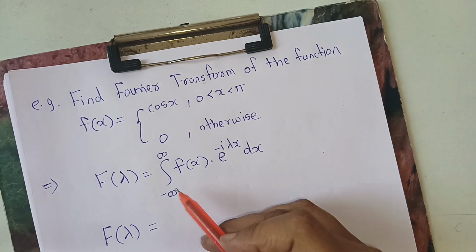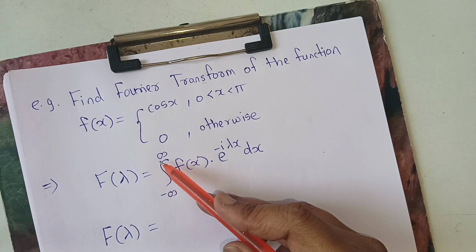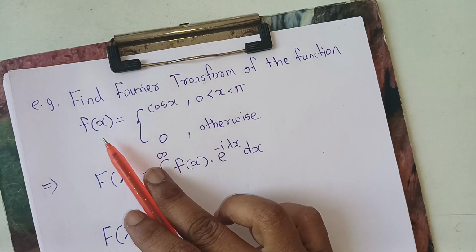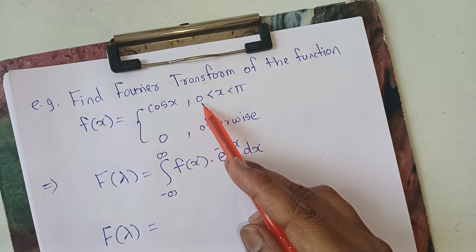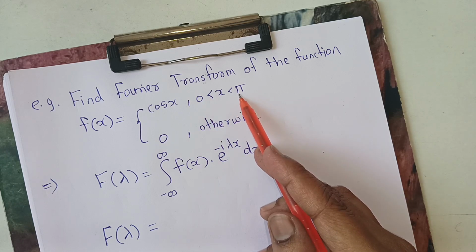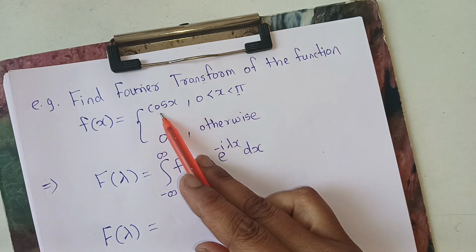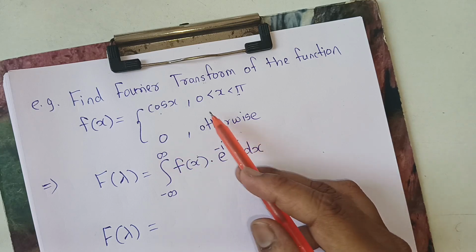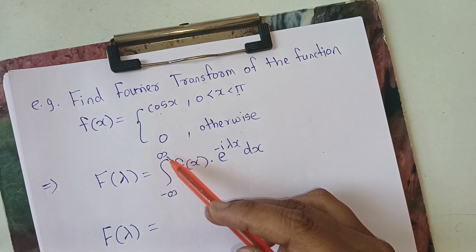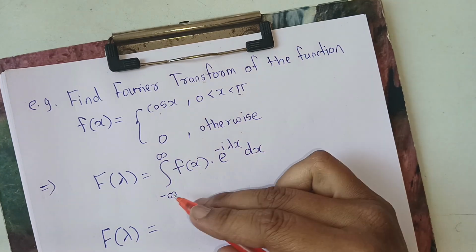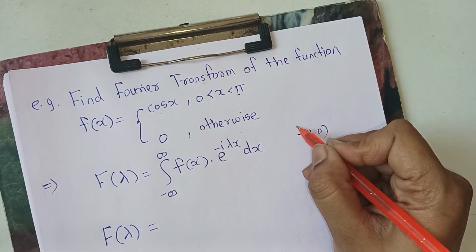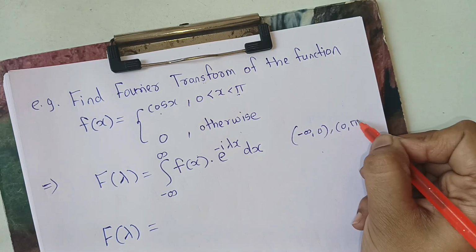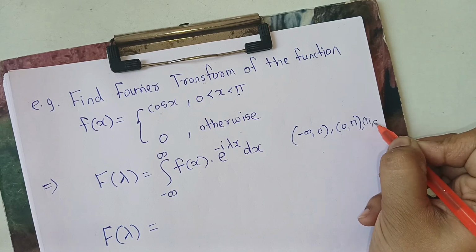Now the range of integration is minus infinity to infinity, but the function is given in two parts. The first part is 0 to pi as the range of the function, and second is otherwise. So how can we divide minus infinity to infinity? We can divide it as minus infinity to 0, 0 to pi, and then pi to infinity.